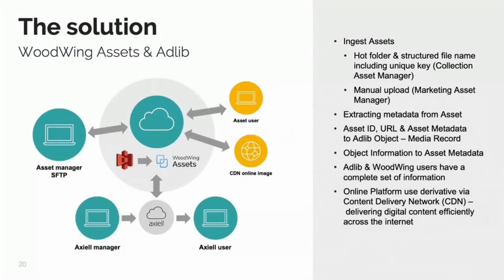Over here you see the platform that was implemented, and the collection department uploads their object imagery, with structured file names, which also include a unique object ID, via hot folders.